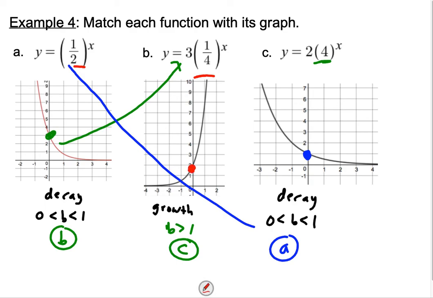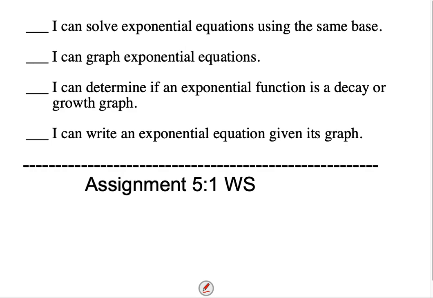This growth graph here has a 2 there in front, and the letter C there has a 2 out there in front. Right there. So again, the y-intercepts there are in front of the B value there. All right, so those were our learning targets, so you're working on your worksheet.